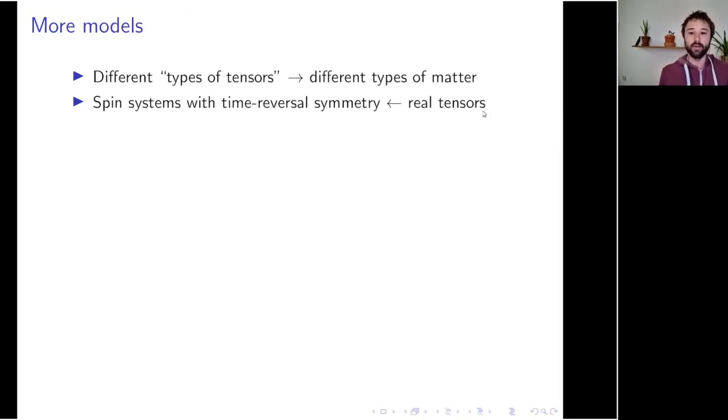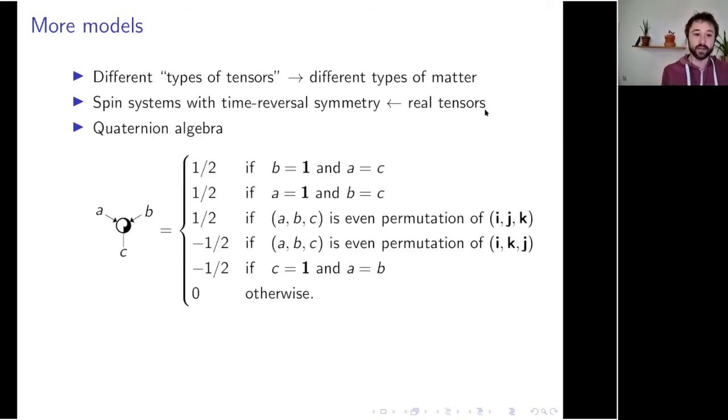I can only use orthogonal matrices as basis changes. So it can happen that there exist models that are in the same phase and isomorphic as complex models, but which are not isomorphic as real models. And this actually is the case in this example. So there's one more real model that corresponds to the quaternions.